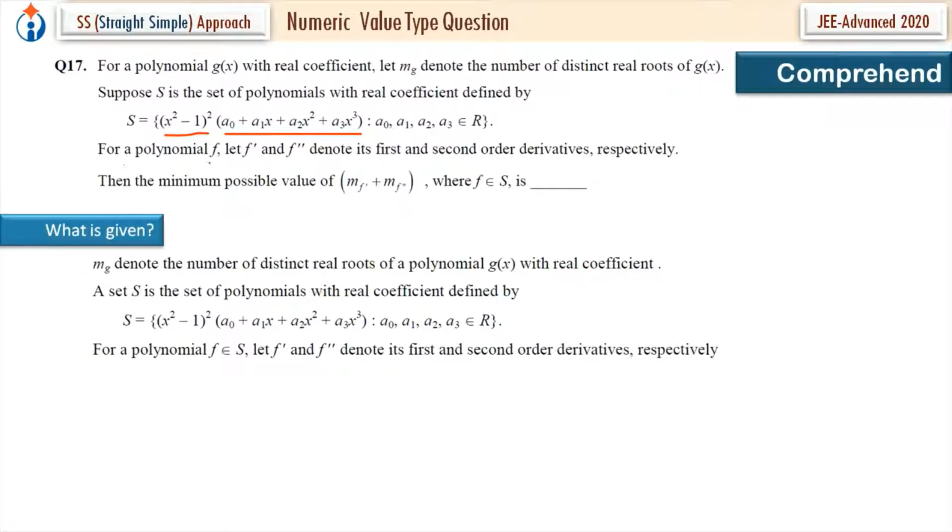Now what is given for a polynomial f, let f' and f'' denote its first and second order derivatives respectively. Now what is asked?